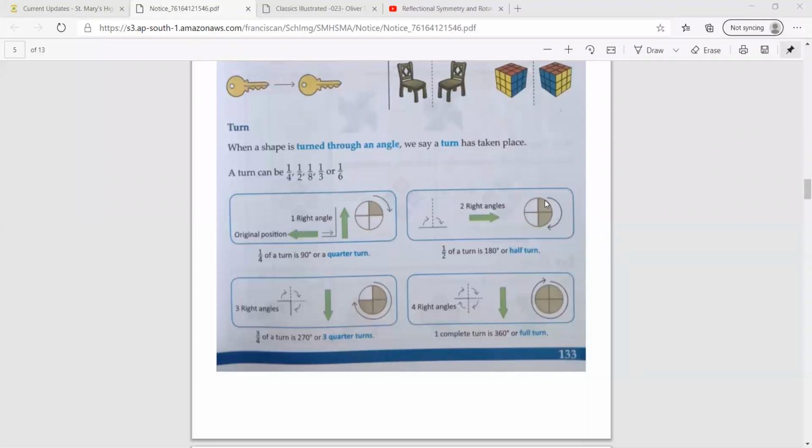So if we are doing 2 right angles or 2 quarters, see here also it is shown, that we are turning like this and like that. Half a turn we are taking, then it is 180 degrees turn. Double of 90 is 180 degrees. That is called half a turn.